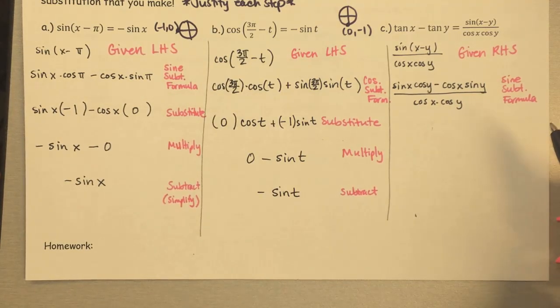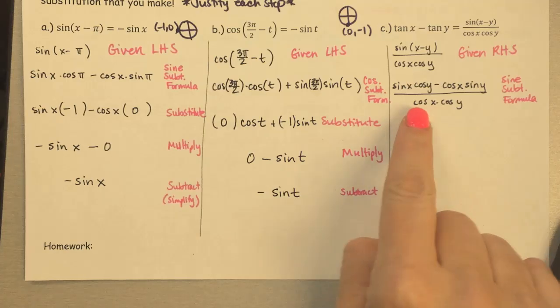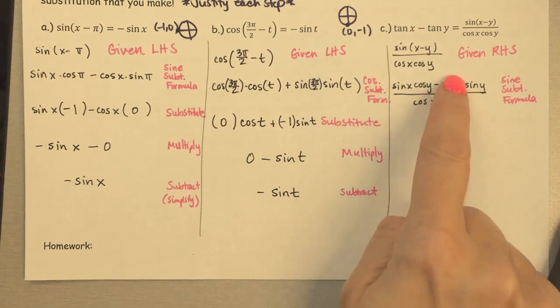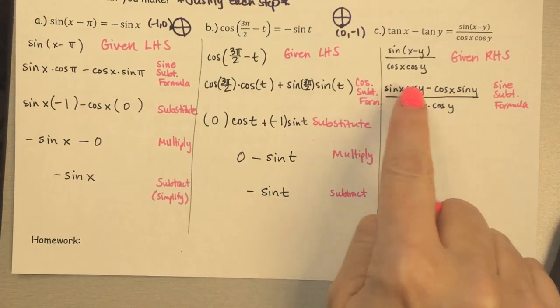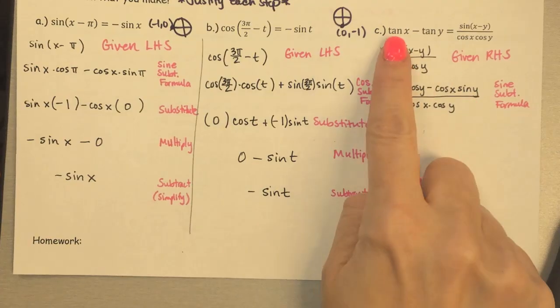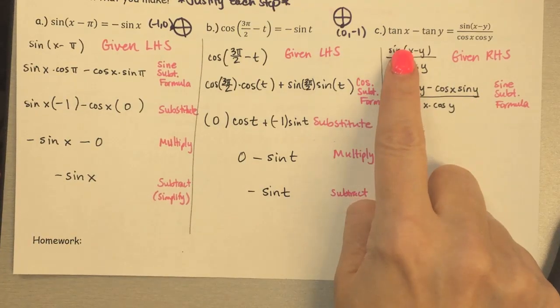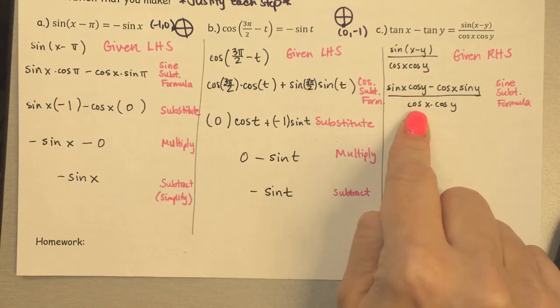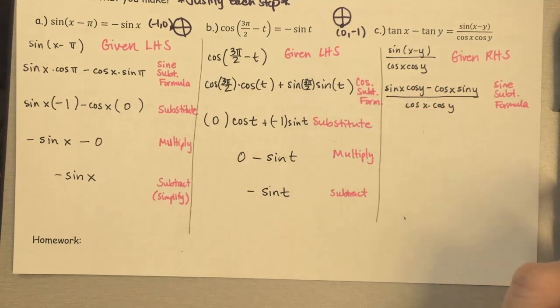Okay, now the mistake that some people make here is they try to just cancel out these and cancel out these and then write sine of x minus sine of y. But that's not what we're trying to get here. That's also not mathematically correct. Okay, you can't cancel just only these and only these because of that minus.